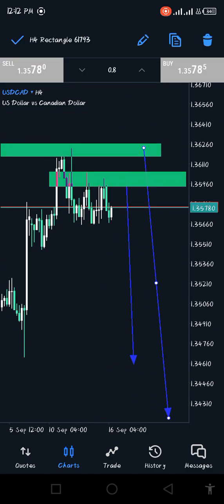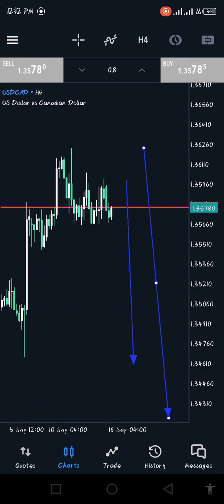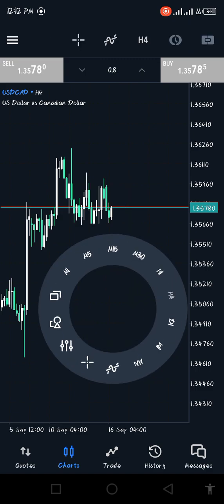That's what I'm expecting currently on USD CAD, but let me show you how I actually did it. So I'm using top-down analysis. It's a good strategy that usually makes traders more money.